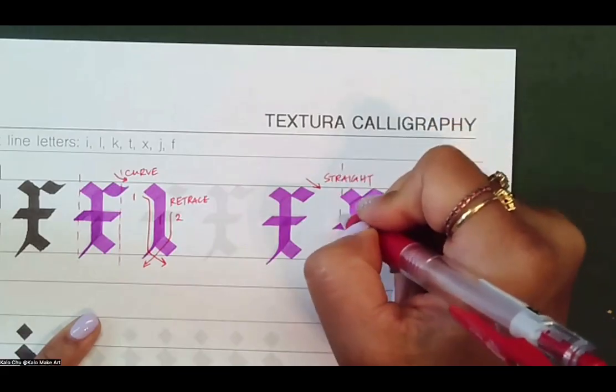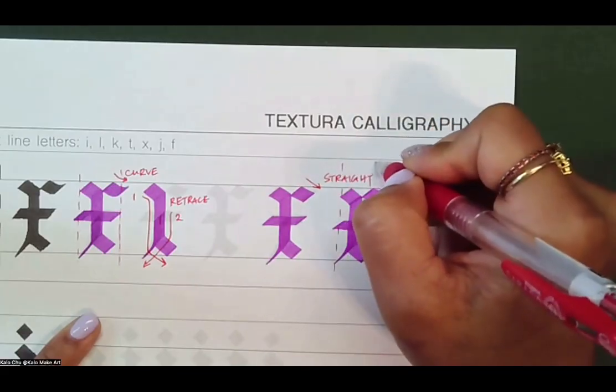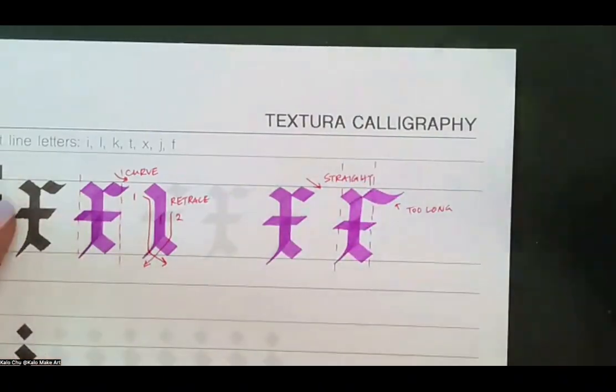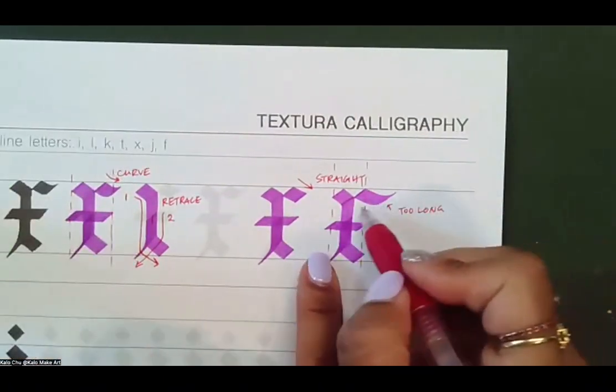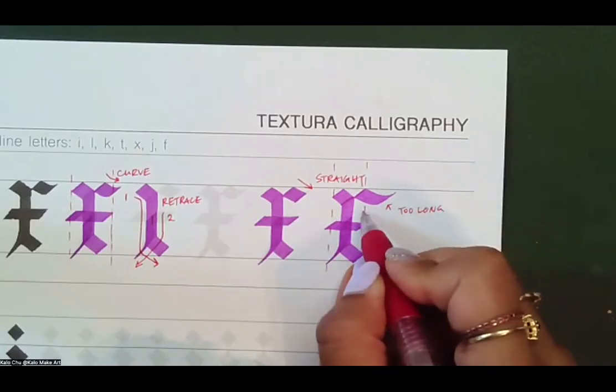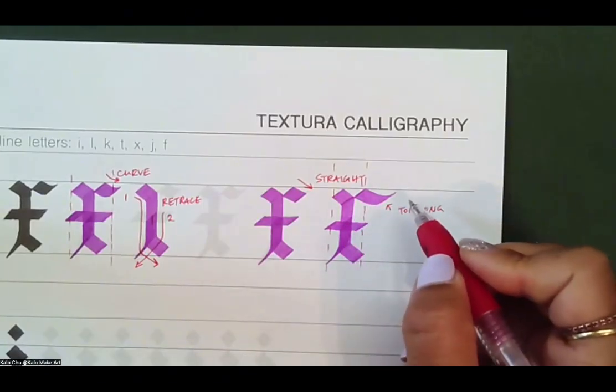It might look really cool for a hair salon, to emphasize the hair. For one of your designs, definitely you can think about it, but if you base it on the basics, that is way too long. It's not symmetrical. Okay.